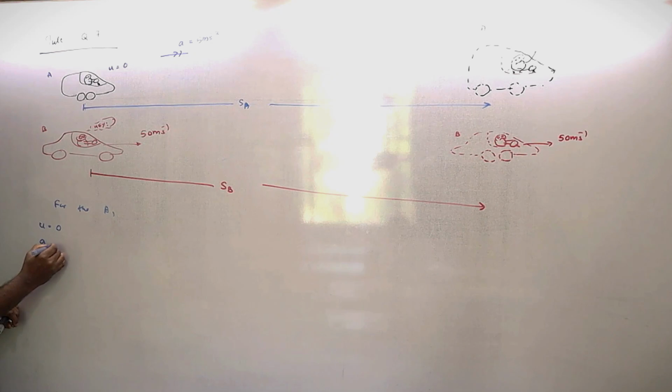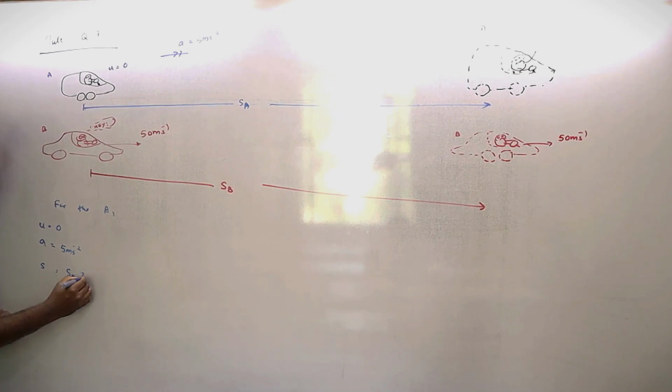Acceleration is known, 5 meters per square second. What else? Time need to find out, right? So we are supposed to find out the SA. We'll take it to be S and that is SA, then that should be found first. What can we apply out of these three data? Actually no equation that we can use, right?